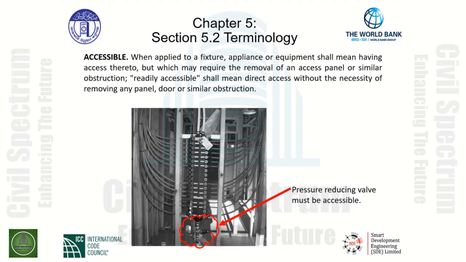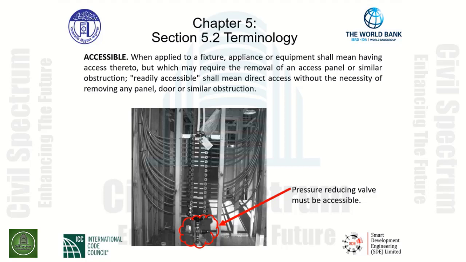The picture below indicates a manifold water distribution system that is piped in, and at the very bottom of the manifold is a pressure reducing valve. This pressure reducing valve appears that it will be concealed between the studs in this particular construction.